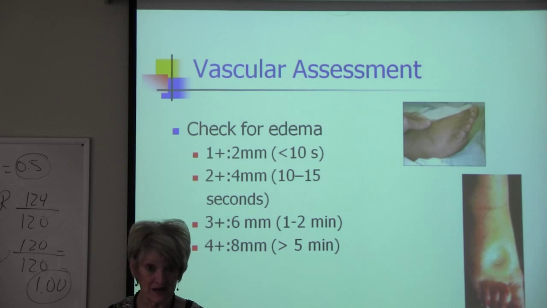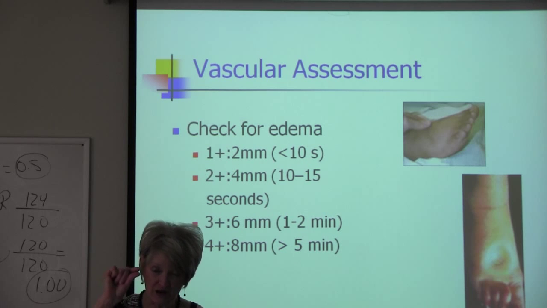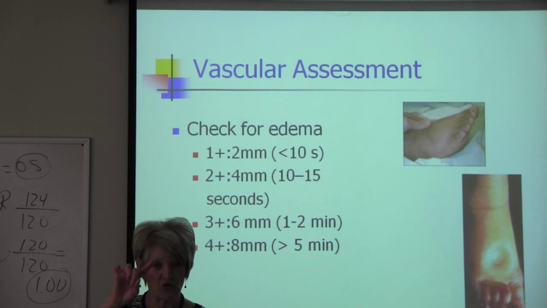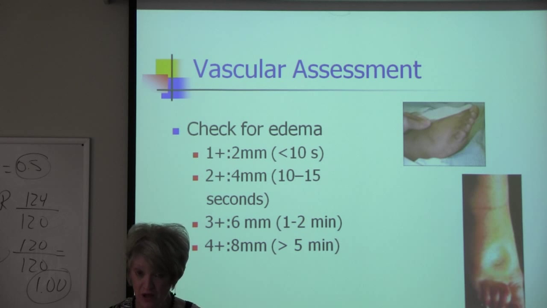If it's 1 plus edema, it means that you've got a 2 millimeter depression. And it typically resolves in less than 10 seconds. But 2 millimeter depression is pretty significant. So 1 plus is 2 millimeter depression, 2 plus is 4 millimeter depression. So you always take the number and double it to see how many millimeters of depression you have.